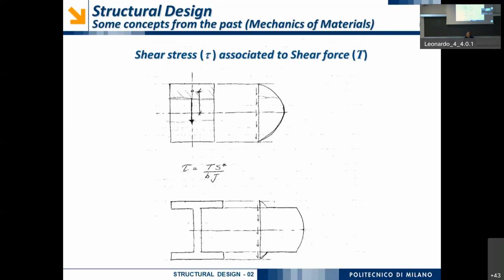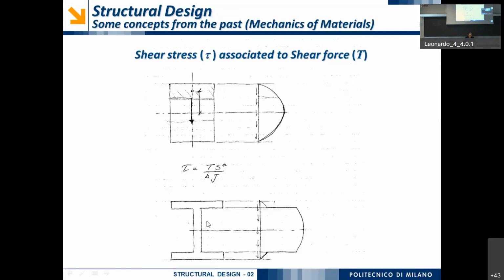In both cases, the static moment is equal to 0. When I'm increasing the area of the flange, of the upper flange, which is cut from our section, of course, I have a quadratic increase of S star, and also the shear stress is increasing.